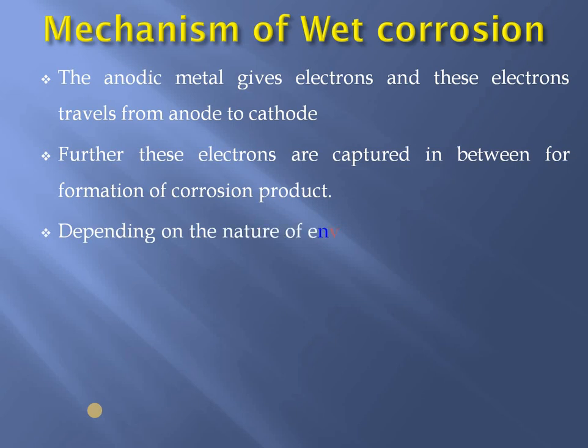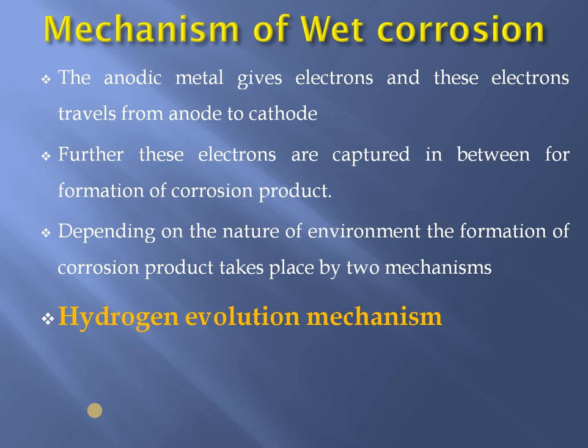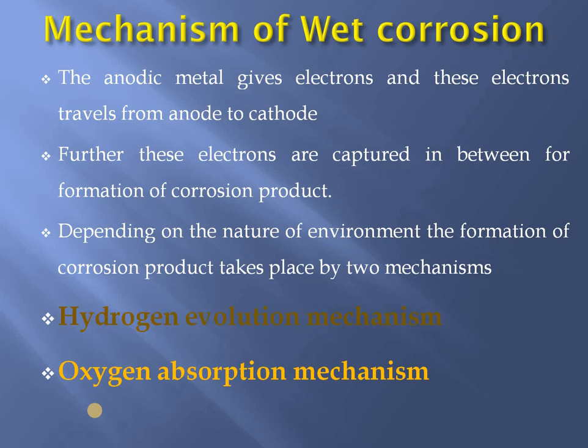So depending on the nature of the environment, the formation of corrosion product takes place, and wet corrosion can be explained by two mechanisms depending on the nature of the electrolytic solution. The first is the hydrogen evolution mechanism, and the second is the oxygen absorption mechanism. In this session we are going to discuss the hydrogen evolution mechanism.